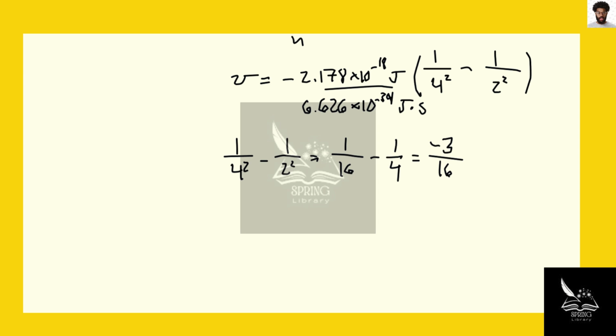So negative 2.178 times 10 to the negative 18 divided by 6.626 times 10 to the negative 34, all of that times negative 3 divided by 16.